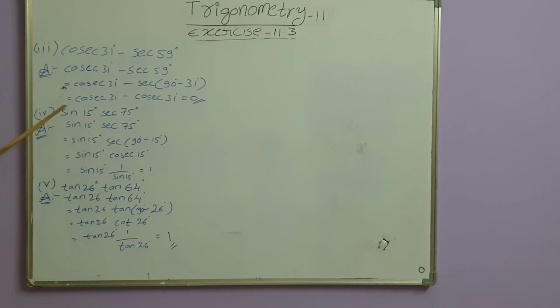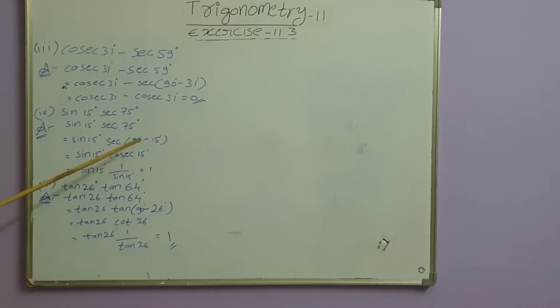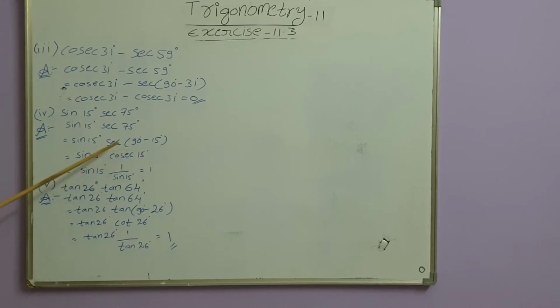Next, fourth one: sin 15 degrees sec 75 degrees. This 75 degrees is converted to 90 minus a, so 90 minus 15 is 75. Sin 15 degrees into sec(90 minus 15).